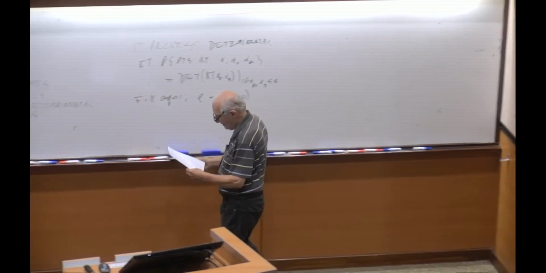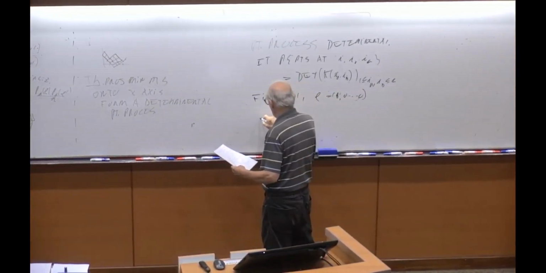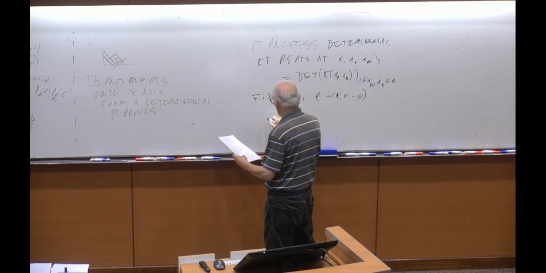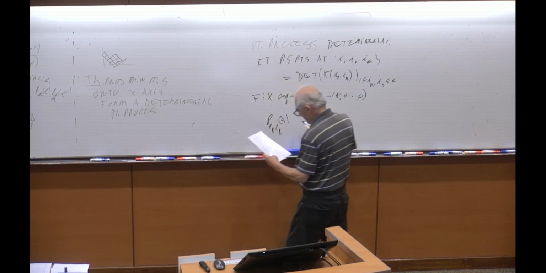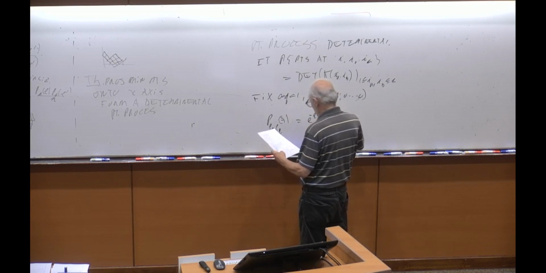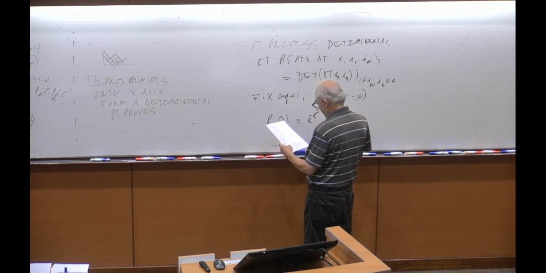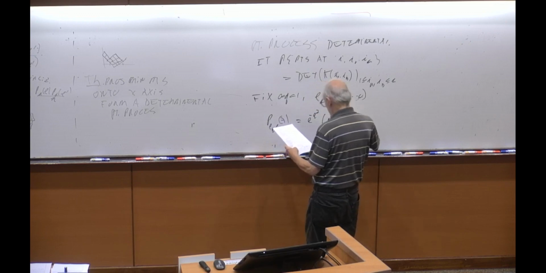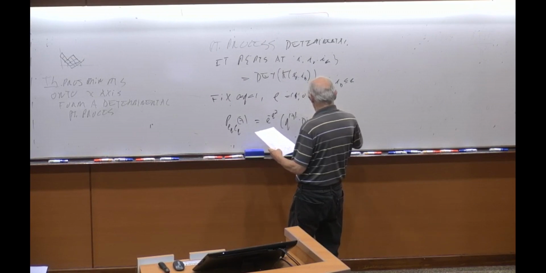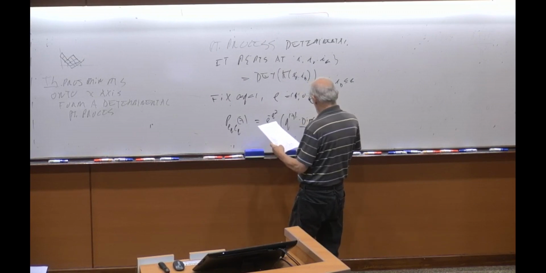Then the Schur measure P rho q of lambda is a Poissonized Plancherel measure, equal to e to the minus q squared times q to the size of lambda times the dimension of lambda over the size of lambda factorial, squared.